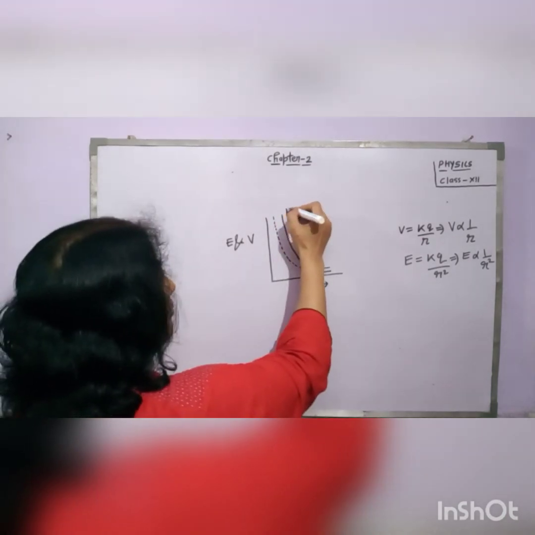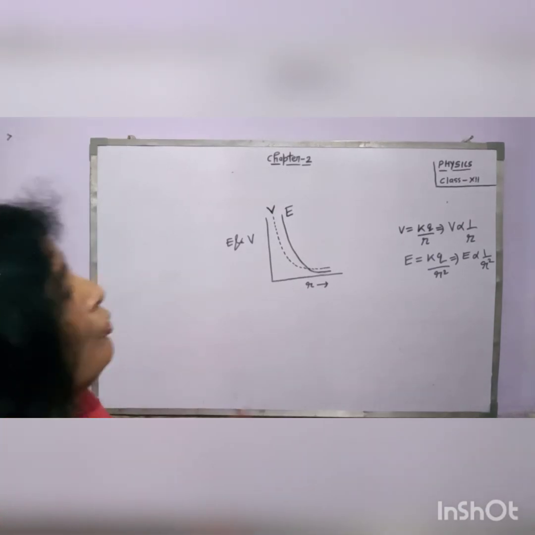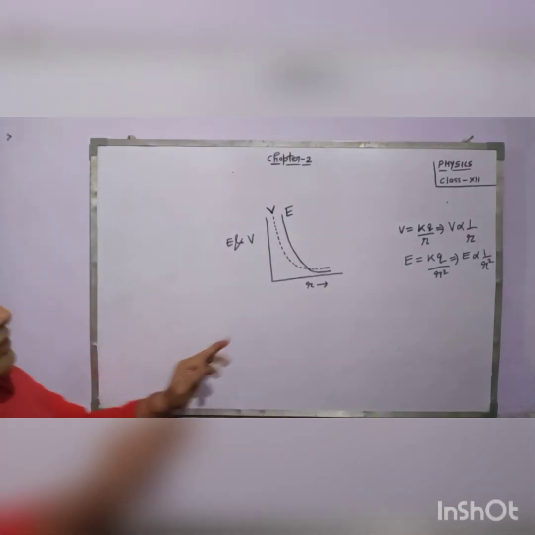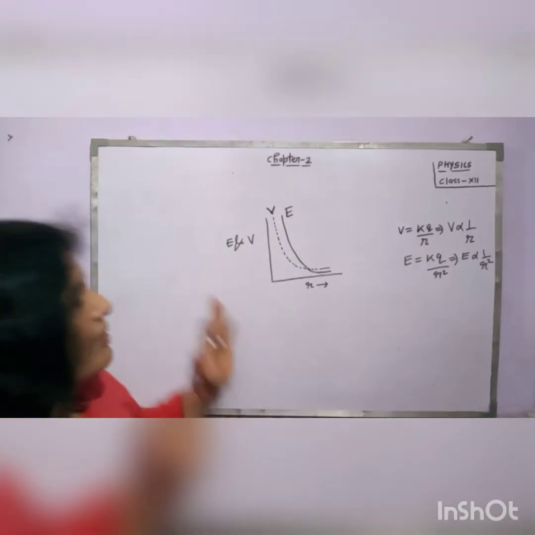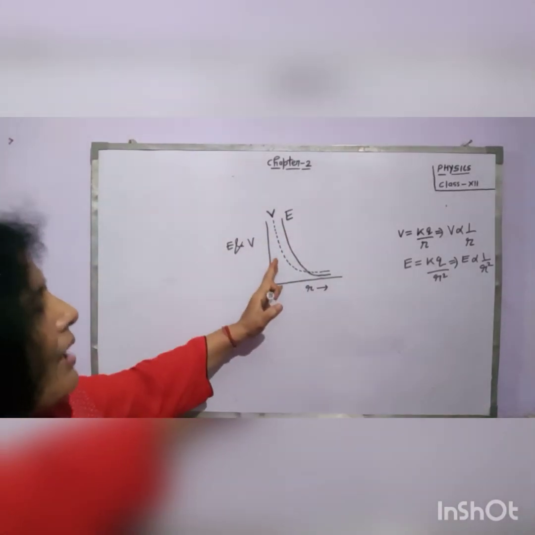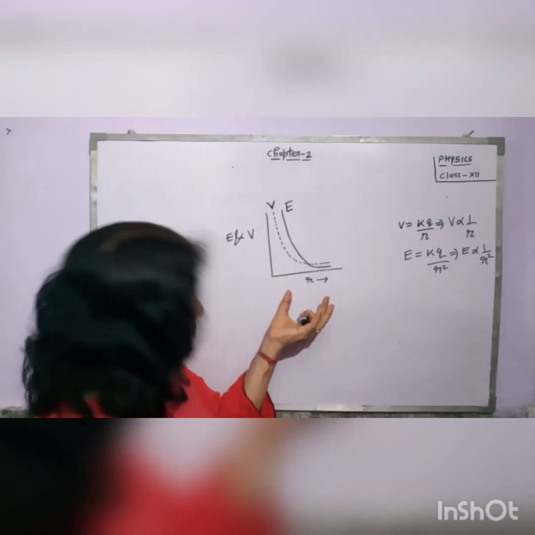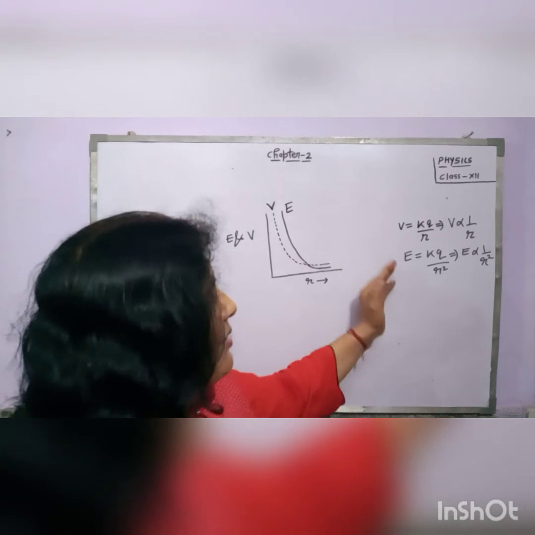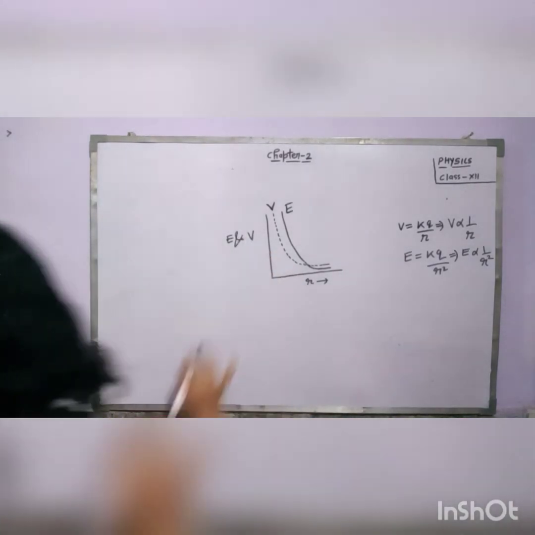This is your electric potential, and this is the electric field. You have to represent either this dotted line or that dotted line, so that we can differentiate between electric potential and electric field. Why does this graph come in this manner? Due to this reason, the graph comes in such a manner.